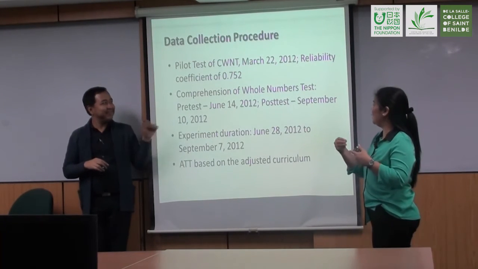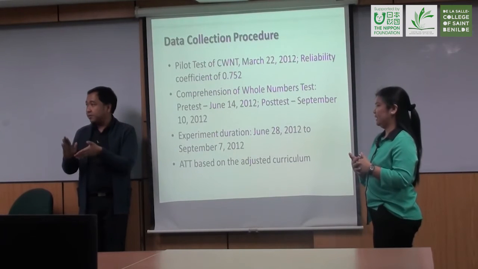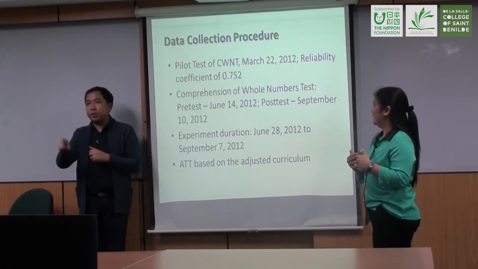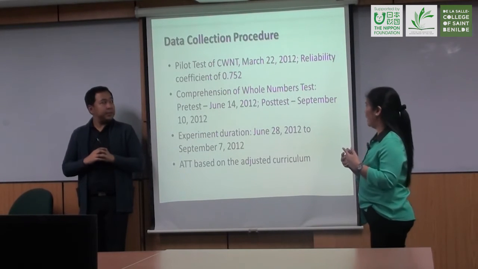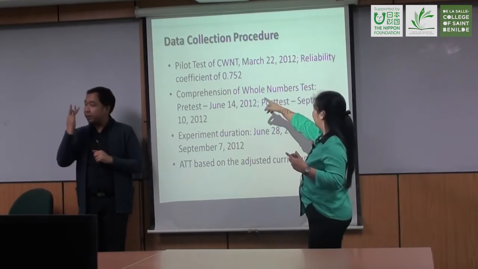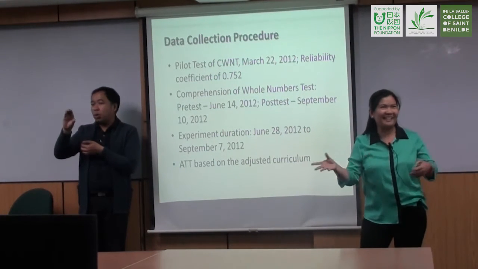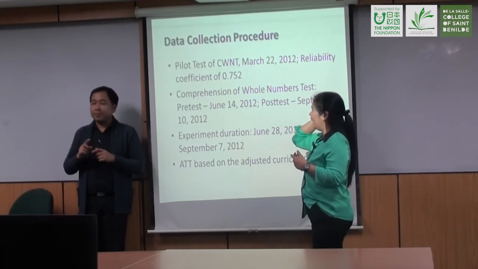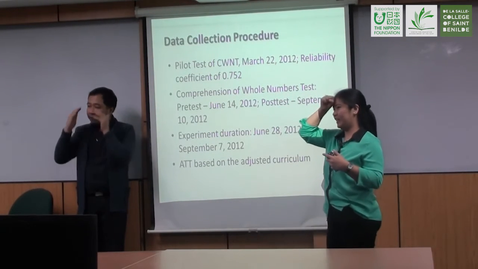So it was given to the outgoing grade 1 for that school year. Actually, that is 50 items. Kasi it needs to get the reliability coefficient, which is like what you said before, but it seems the study is limited to the curriculum of the DepEd.